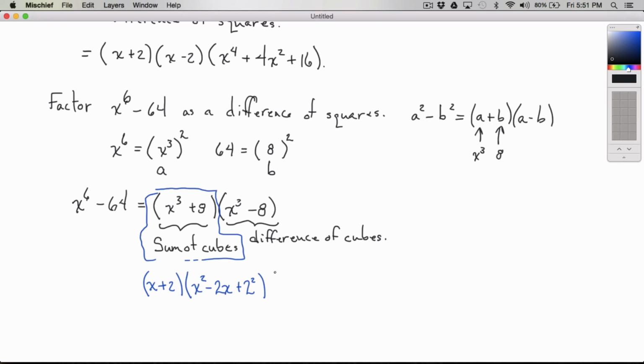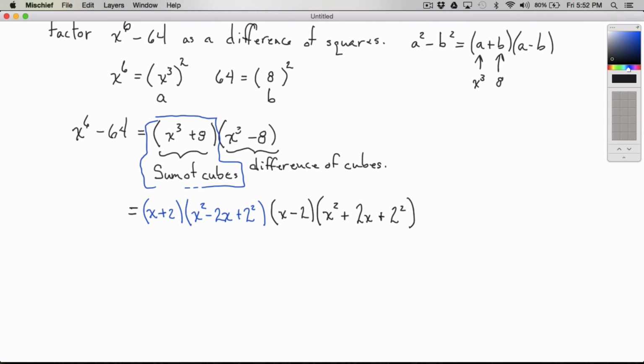Now, when I factor the second piece, I'm going to factor that using, again, the same pattern: I take x, same sign, minus 2, times x squared, opposite sign, plus 2x, plus 2 squared. Good. Now let's put my equal sign here.